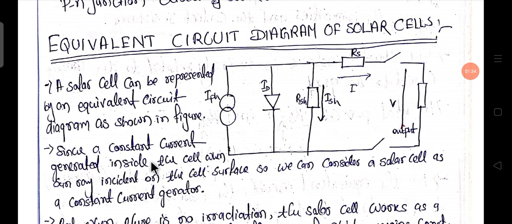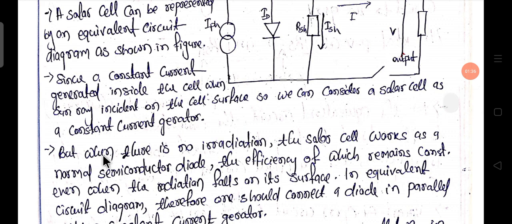But when there is no irradiation, when no sun ray falls on the solar cell, the solar cell works as a normal semiconductor diode. Previously I told you the efficiency remains constant even when radiation falls on its surface.